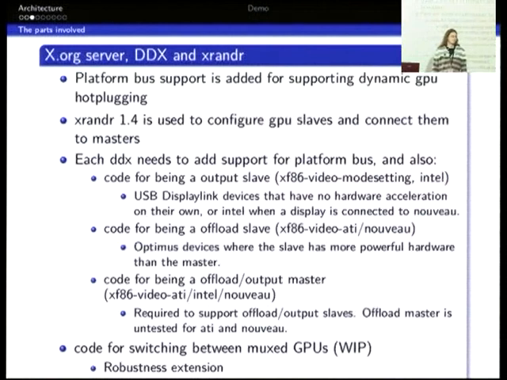And for X 1.13, the idea is to also be able to support multiplexed GPUs and then be able to switch between them. And for that you need a robustness extension, and that basically tells the compositor, if the compositor enables it, that the GPU suddenly disappeared and you need to create a new OpenGL context.